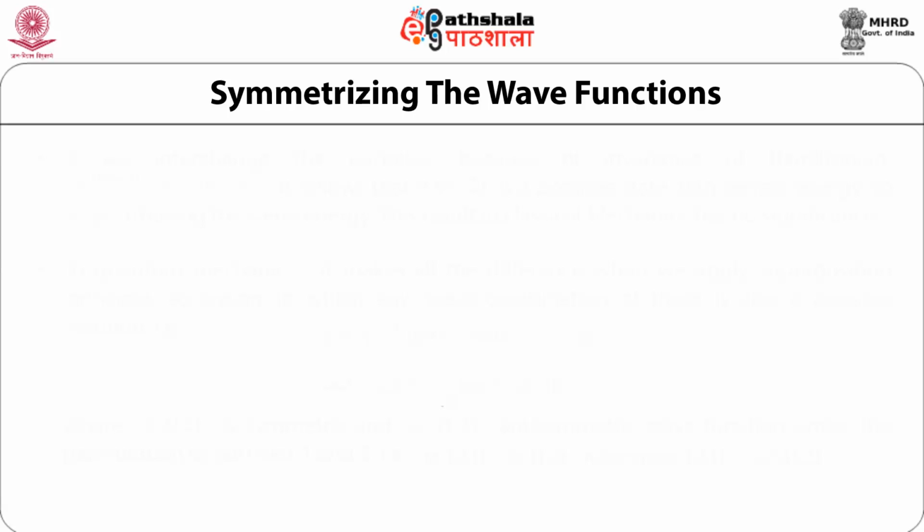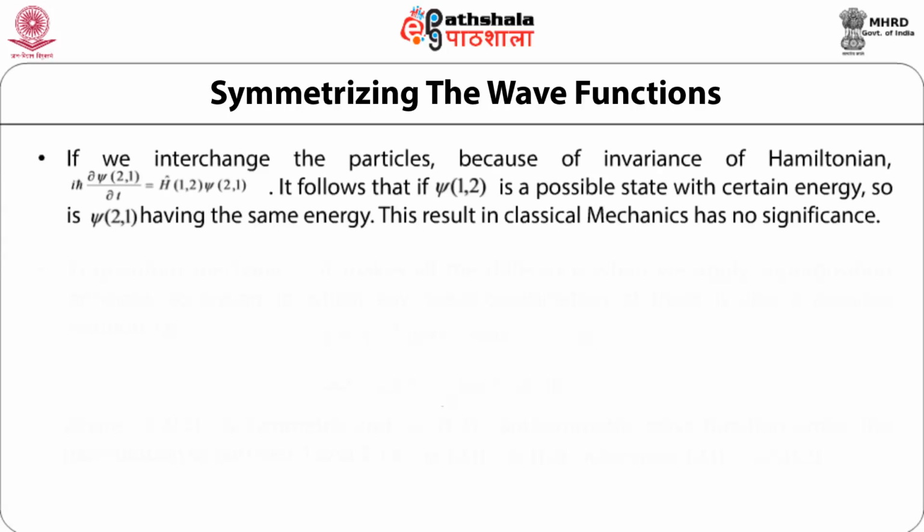Now if we interchange the two particles, that is, now particle 2 is in state alpha and particle 1 is in state beta, then because of the invariance of the Hamiltonian, we can again write the Schrodinger equation as i h-bar times the partial derivative with respect to time of psi21 is equal to the Hamiltonian operator H12 acting on psi21.